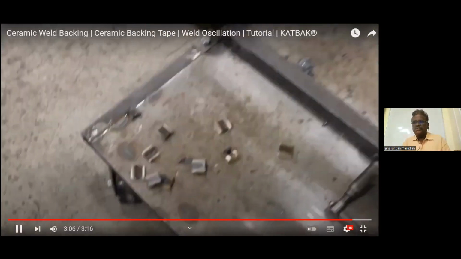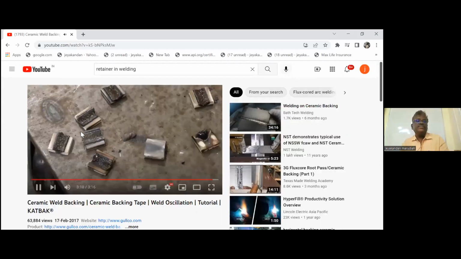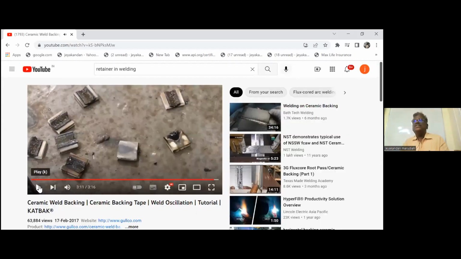So you can see here, this is the ceramic insert. Okay, so get the uniform. See, the purpose of all this is to get the root penetration uniform.